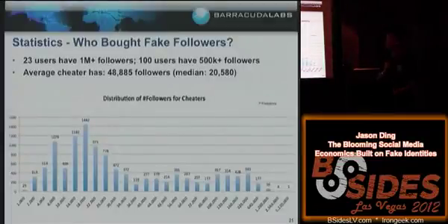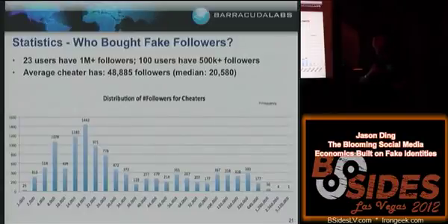And 23 of them already have 1 million followers, and 100 of them have 500,000 followers. We call these guys cheaters since they are cheating. The average cheater has about 48,000 followers.